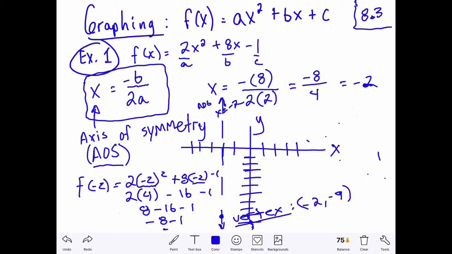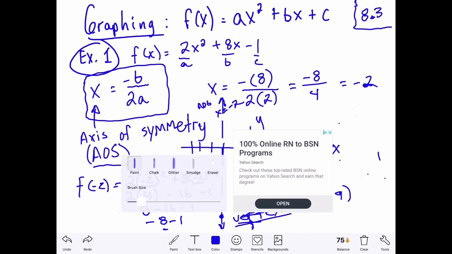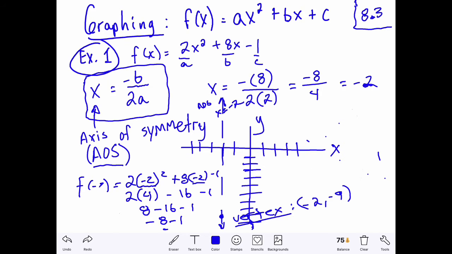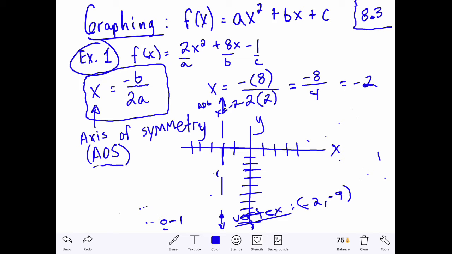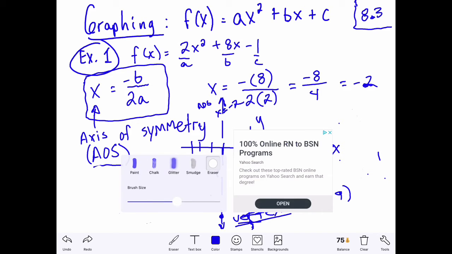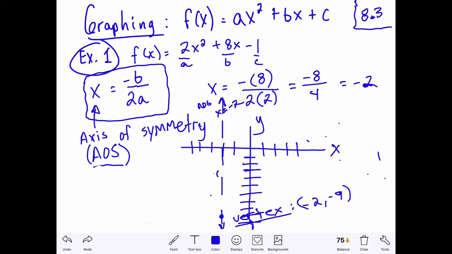I want to label that. Okay, so once we have, say, our axis of symmetry and our vertex, let me go ahead and erase here. Well, then I want to ask myself which way the parabola opens. Well, there's an easy way to tell. I'm going to look up here at my a coefficient.